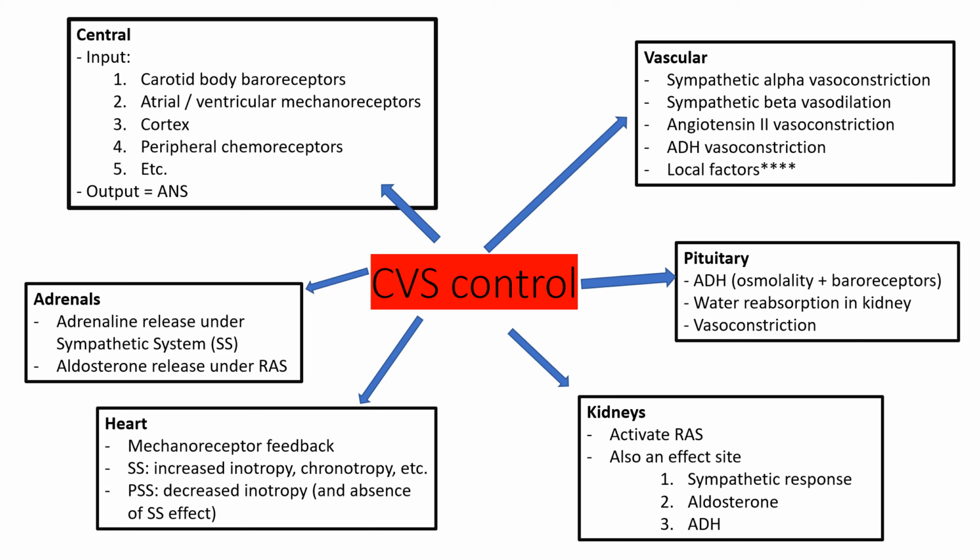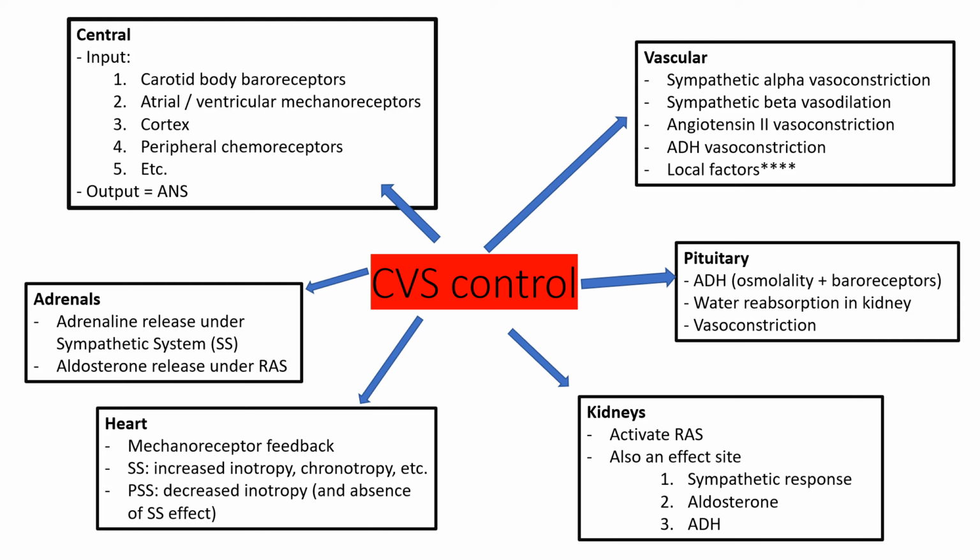The heart, although primarily an effect site of the cardiovascular system, also contributes to control of the cardiovascular system. In response to sympathetic stimulation, there is increased inotropy, chronotropy, dromotropy, and lusitropy, which means that the heart beats faster, it beats harder, it relaxes faster, and conduction within its electrical system is faster.